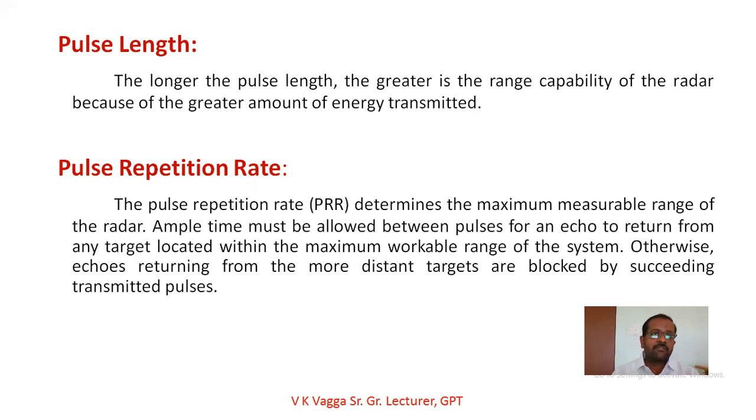It means that after transmitting the signal, there should be a sufficient waiting period in order to receive the reflected signal, or else it is going to enter into the ambiguous range. If ample time has not been given, it may receive the echo signal after the transmission of the second pulse. So the pulse repetition rate should be low.